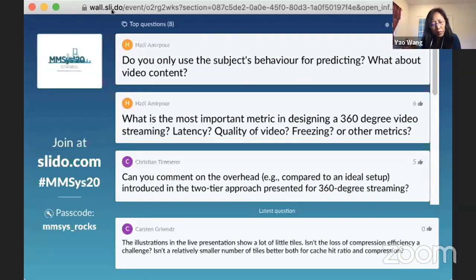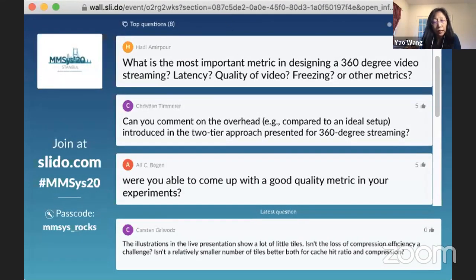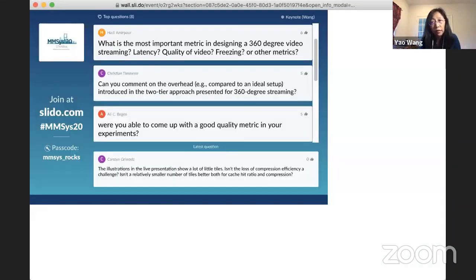And in terms of quality, not only the quality in the frame that you actually watch, but also how smooth your playback is, right? Because of all this rate adaptation, you may incur more discontinuity, both within the same frame and across frames. So we also consider this spatial and temporal continuity.